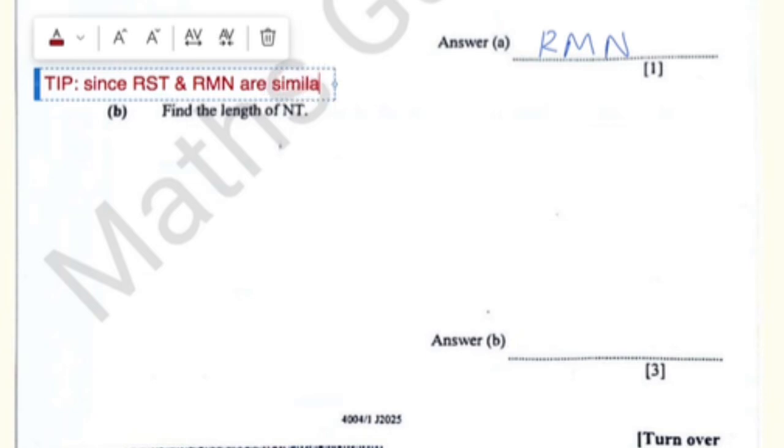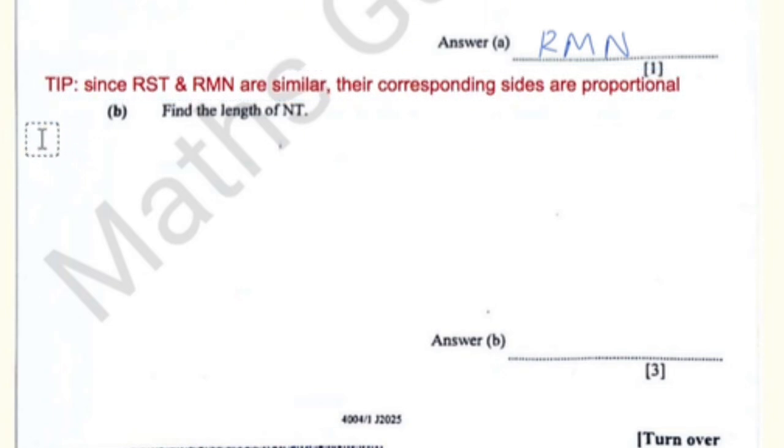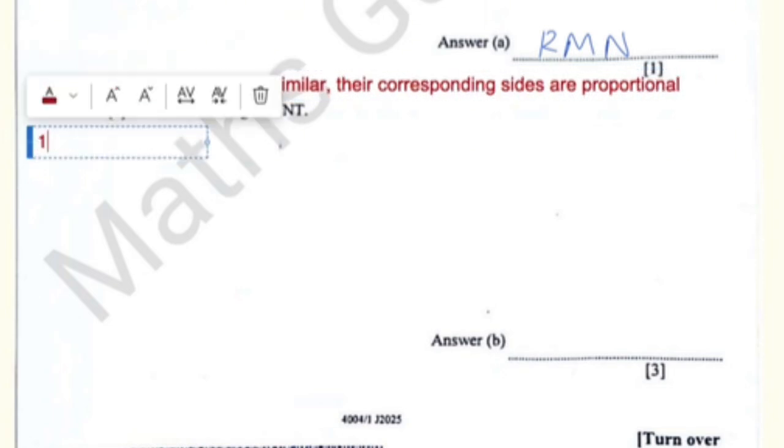Since RST and RMN are similar, their corresponding sides are proportional, but the corresponding angles are equal. Having ascertained that, we're going to do it in a series of steps.